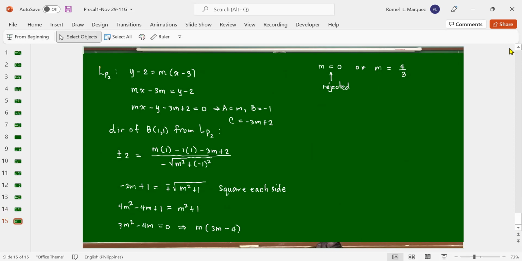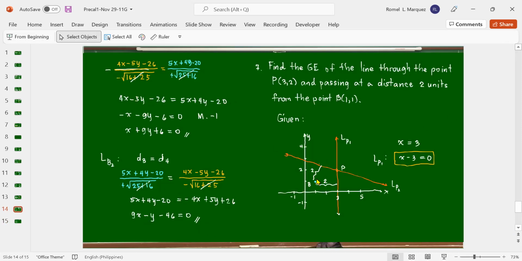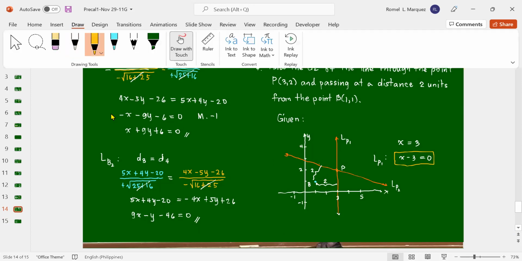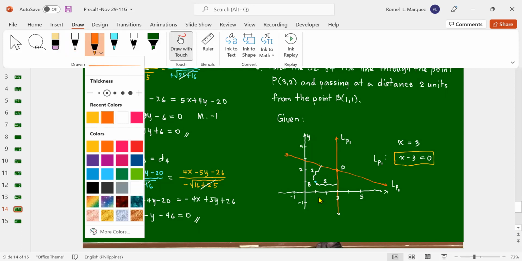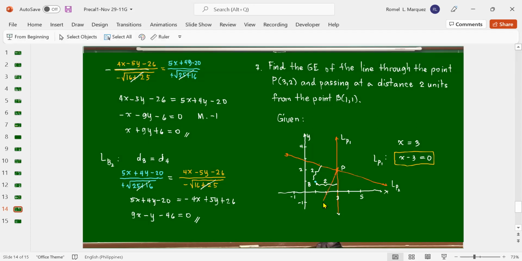Since the slope is positive, it means the actual line is not this, but the one rising up to the right. So the actual line is supposed to be this, whose slope is 4 thirds. Okay, guys? So this is the correct line and not this one.